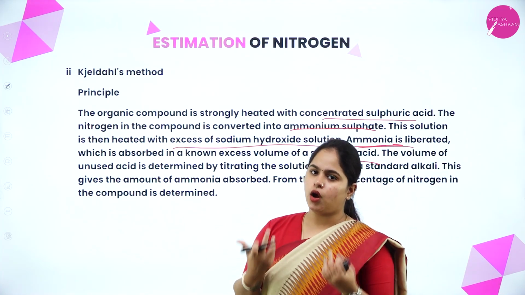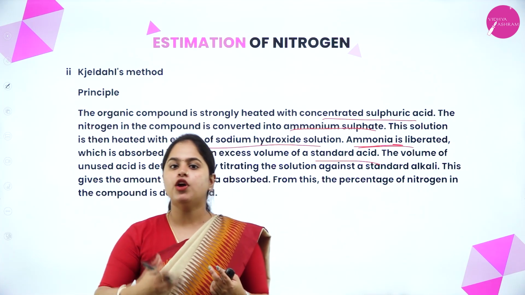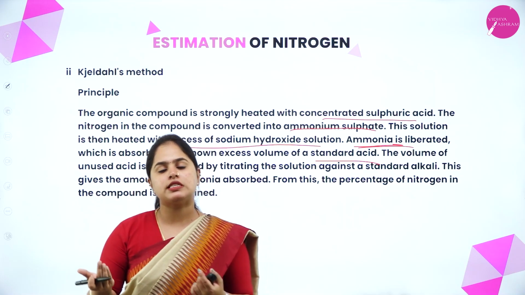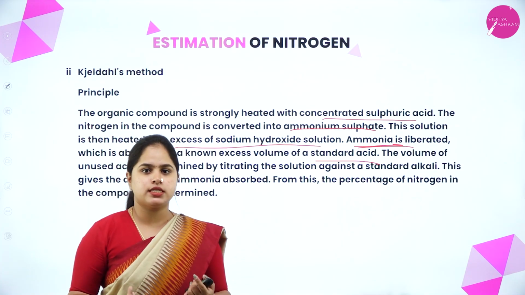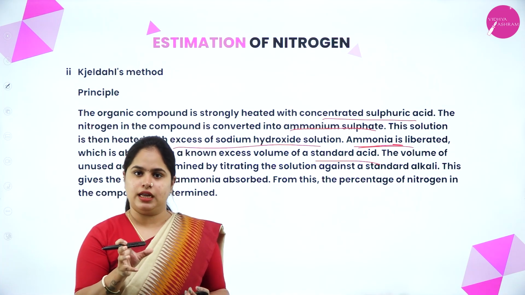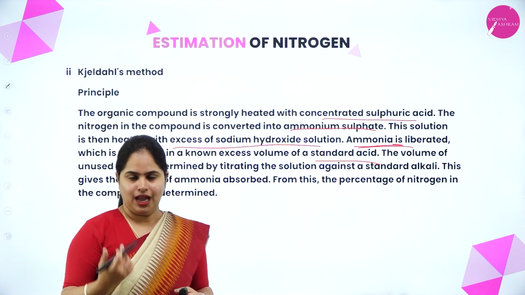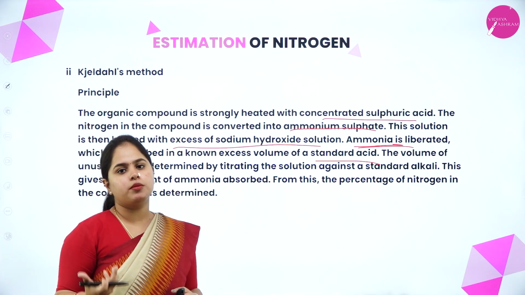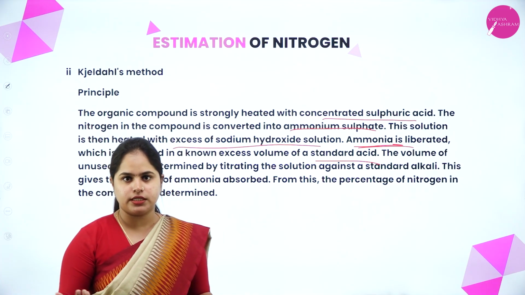Okay, so that means our organic compound, first it is made to react with concentrated sulfuric acid. We obtain ammonium sulfate. Ammonium sulfate is further made to react with excess of sodium hydroxide. Ammonia gas is liberated. Now, ammonia gas is absorbed in a standard acid. Standard acid means the molarity is known, like any standard acid. Okay, once it is absorbed in a standard acid, that is actually the amount of ammonia which is liberated, right?